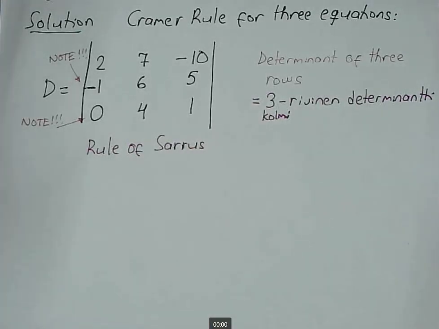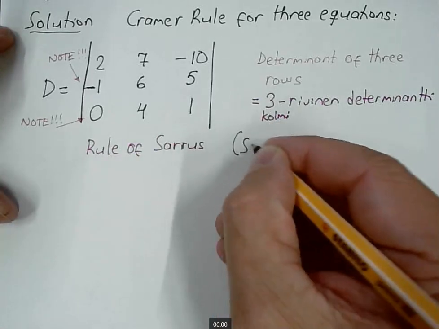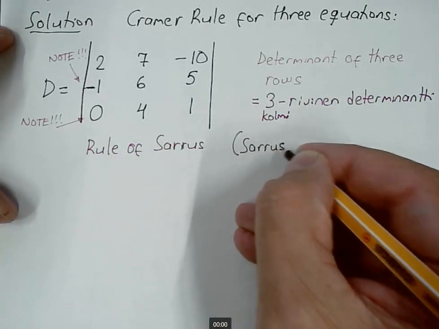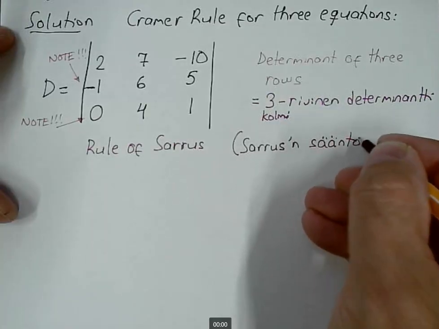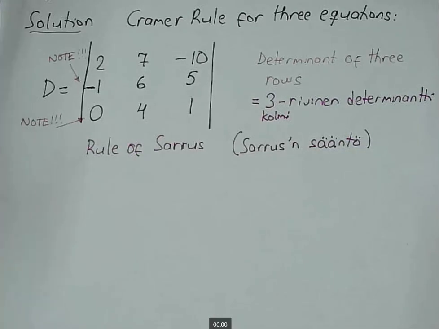I don't remember correctly, but rule of Sarrus. In Finnish we call it Sarrusin sääntö. And this is quite easy to solve the value of determinant when we use this rule of Sarrus.